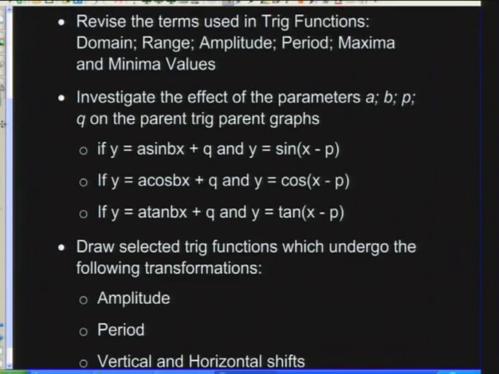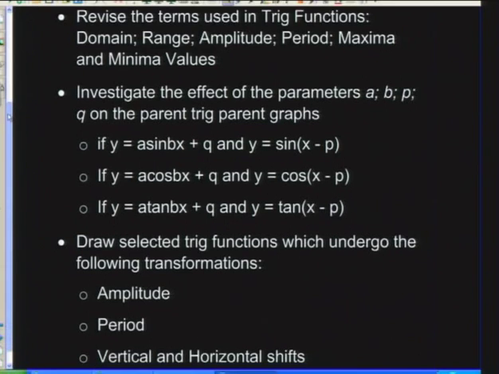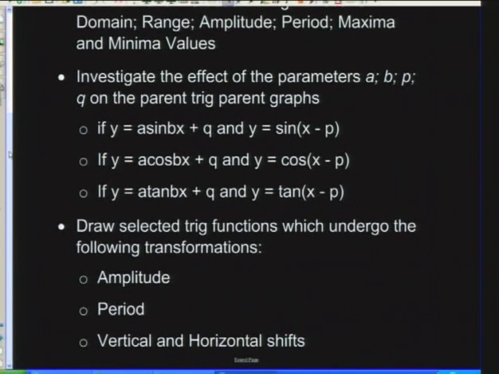And then we're going to do that for the other trig functions, the cos function and tan function as well. And then I'm going to draw very selected trig functions which undergo the transformations of amplitude, period, vertical and horizontal shifts, focusing on these 4 transformations, because that's what we'll be asked to sketch for examination purposes.